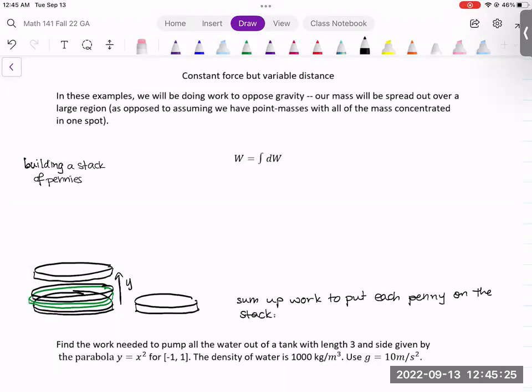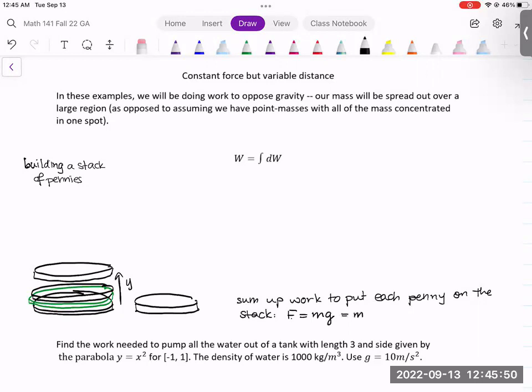For each penny, we can think of this as if it was a point mass. Our force here is going to be from gravity. So our force is mass times our gravity.